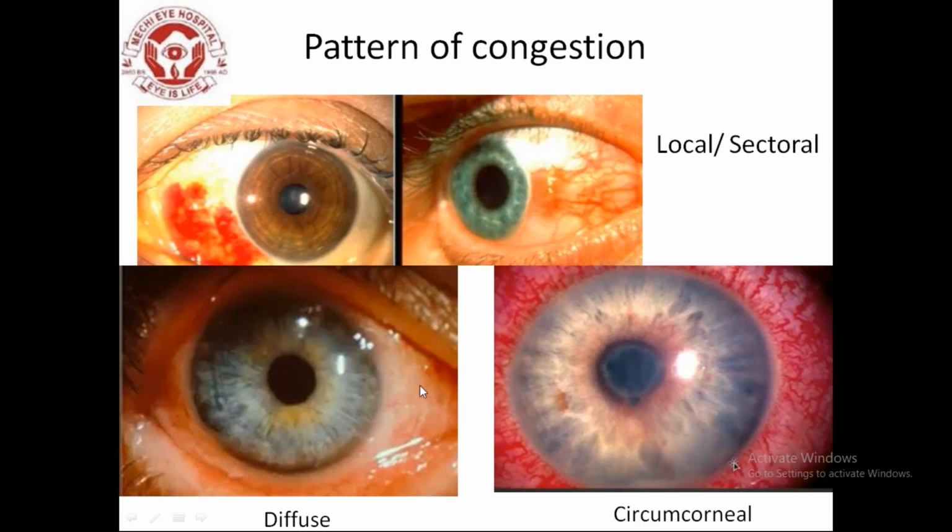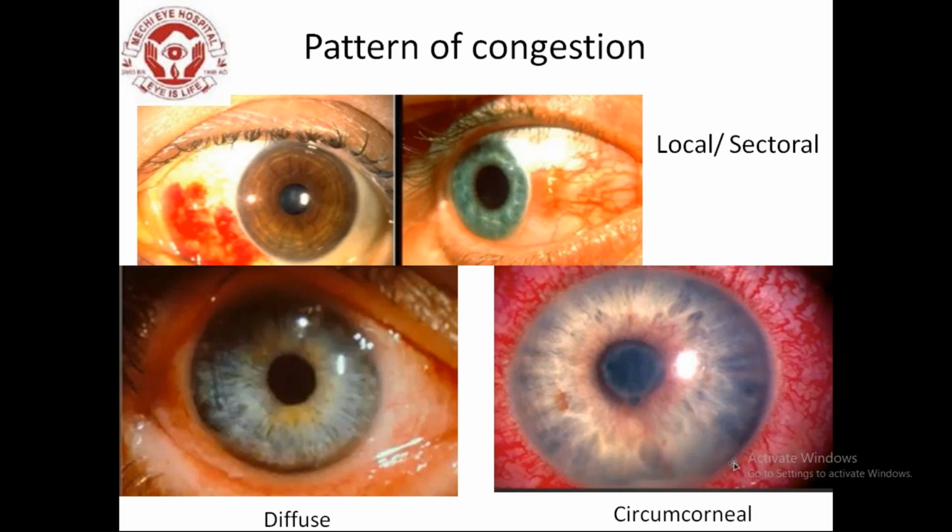We should be able to differentiate between the circumcorneal and the diffuse congestion. In the diffuse congestion, it is usually in the peripheral area and it fades towards the limbus. And in the circumcorneal congestion, the congestion is mainly around the limbus, and it fades towards the fornix.